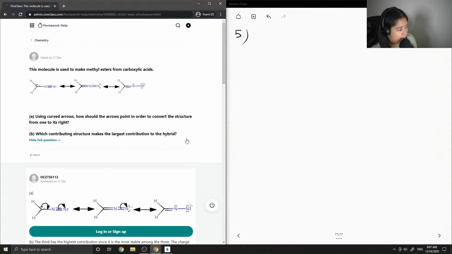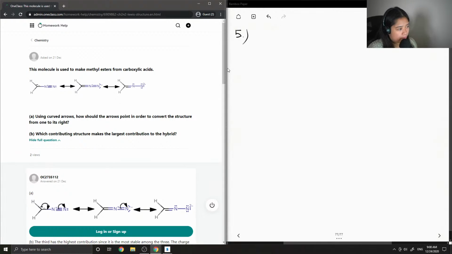And B: which contributing structure makes the largest contribution to the hybrid? What they mean for part B is which structure is more favored out of the three. Okay, so let me just write down the three molecules.